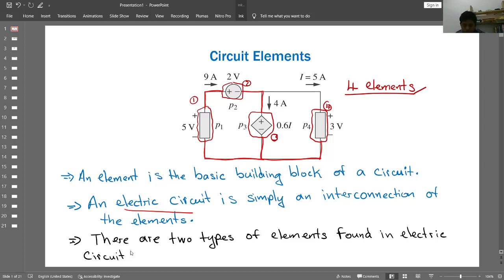Okay, so one of them is the passive elements, and the second one is the active.